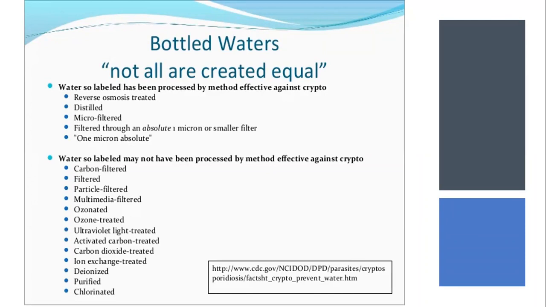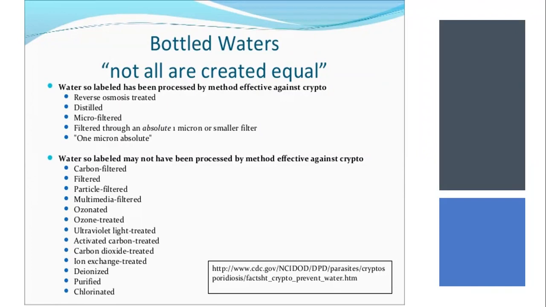Remember, I told you that the oocyst is about 3 to 5 microns. So if you use a filter that is about 1 micron, you are likely to get the oocyst out physically. Distilling the water ensures that what you have is the condensate. Okay?